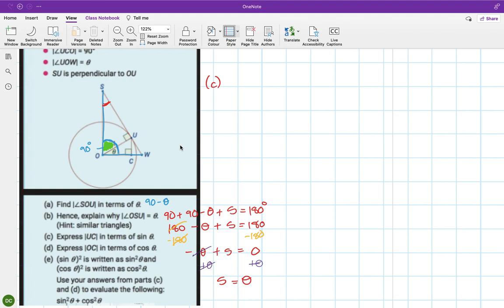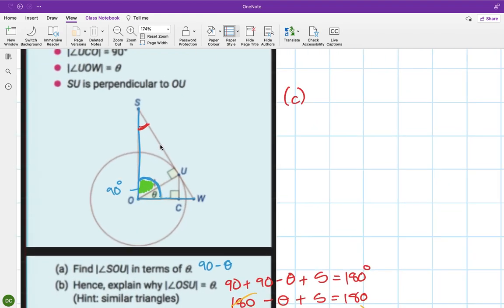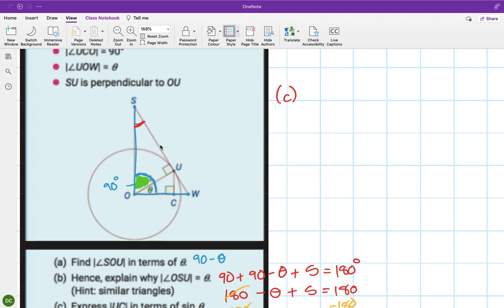Anyway, so UC in terms of sine theta. If we look at this triangle here, there's the marked angle, so that makes this the opposite. There's the right angle, which means this one here is the hypotenuse. And then that makes the bottom one here the adjacent.